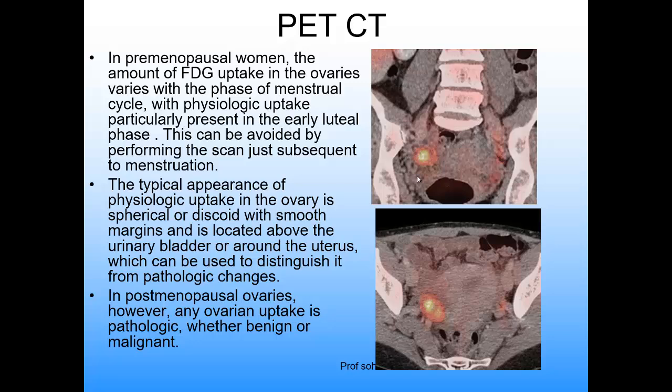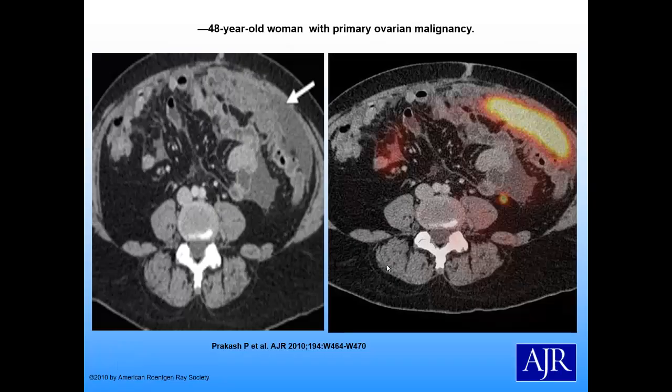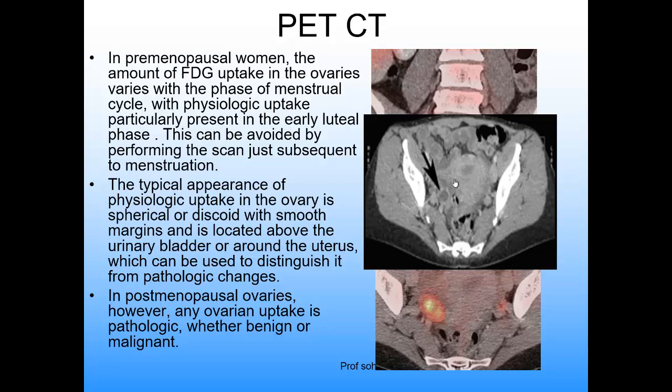This is the normal corpus luteum appearance, and if you return to the reference CT image, you will find the corpus luteum here. So this is the typical appearance, but in postmenopausal ovaries it is not acceptable to have any ovarian uptake. Any ovarian uptake in the postmenopausal is pathological, whether benign or malignant.